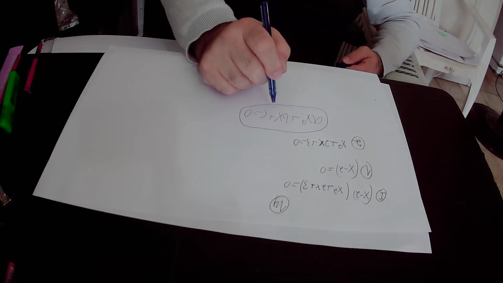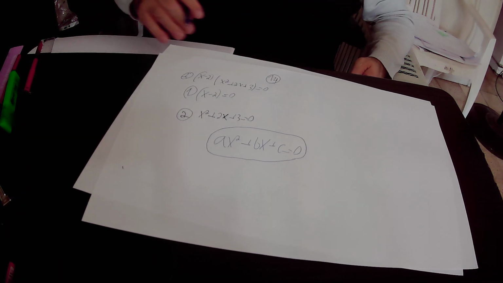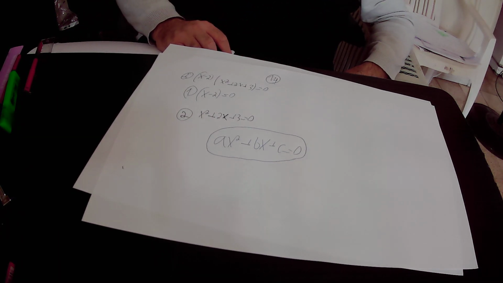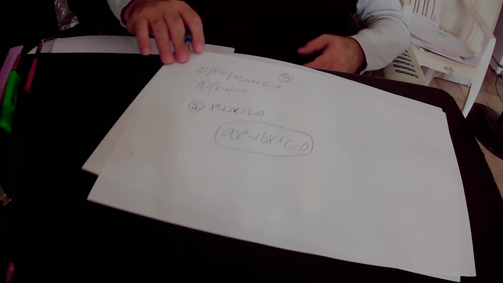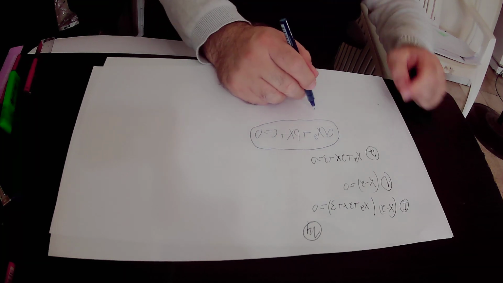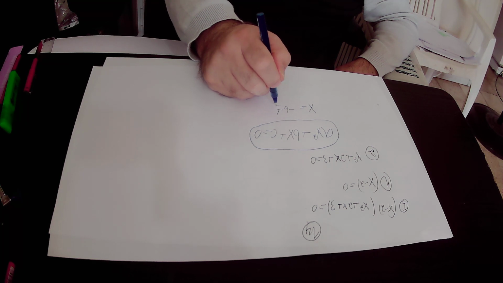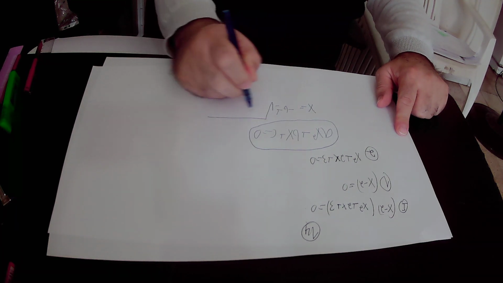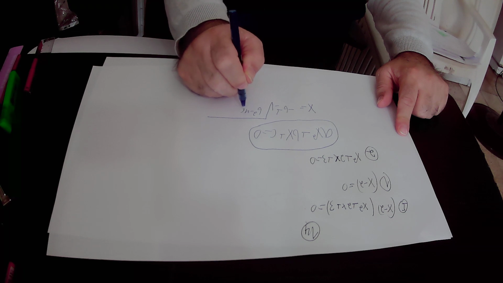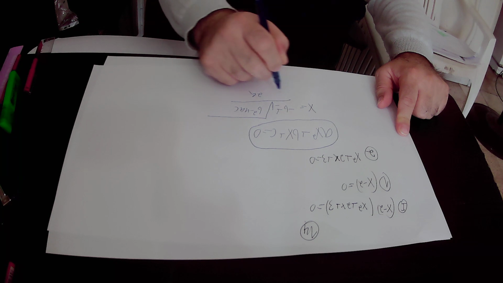Here a, b, and c are the coefficients, and x is the variable we are looking for. The formula to find x is x equals minus b plus or minus the root of b squared minus 4ac, over 2a. Okay?